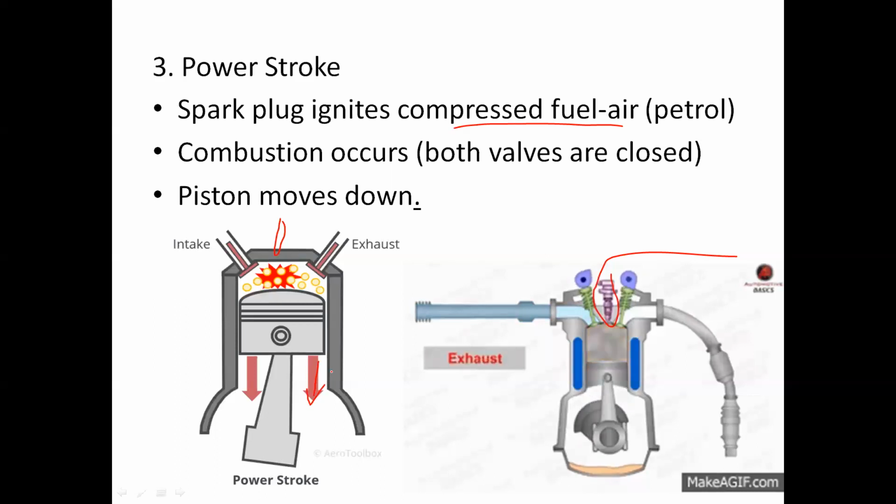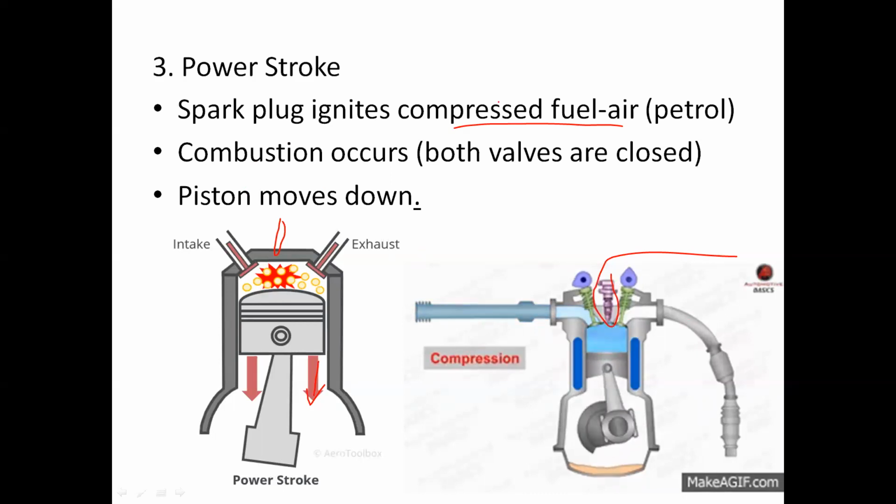That's the power stroke. You have to take note that the spark plug is usually present in engines that are run by petrol or gasoline. But in the case of diesel engines, there is no spark plug because when the compression happens, the compression is enough to ignite the diesel fuel.